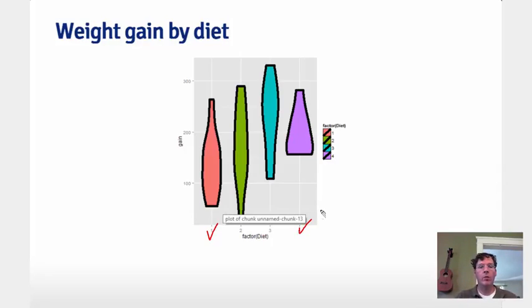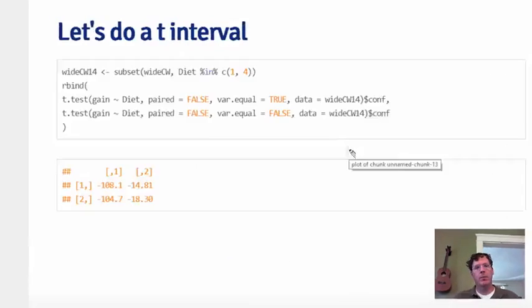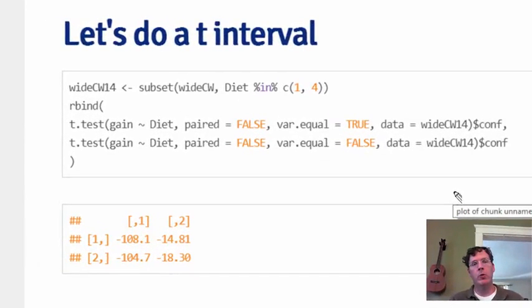Our assumption of equal variances appears suspect here. In order to use the t-test formula notation, where you take an outcome variable like weight gain and use tilde with the explanatory variable of interest, the t-test function needs the explanatory variable to have only 2 levels.